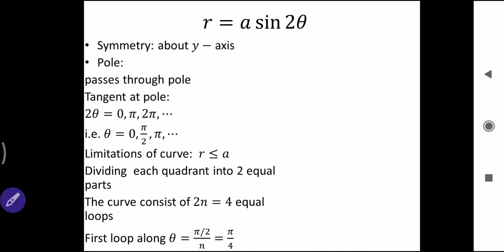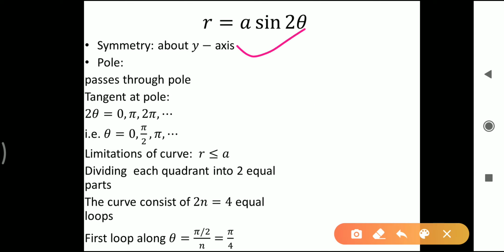Then the pole: when you put theta equal to pi by 2, you are going to get r is equal to 0. There are many values that you can find out. If you put theta equal to 0 also, you are going to get r is equal to 0. The curve will be passing through pole.